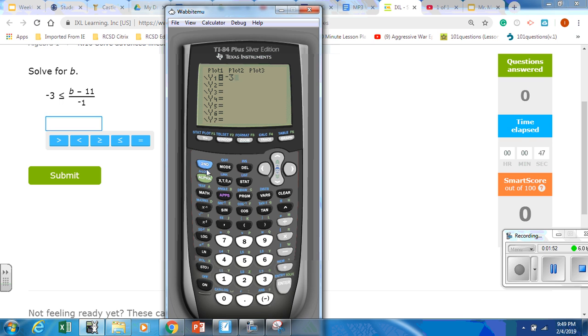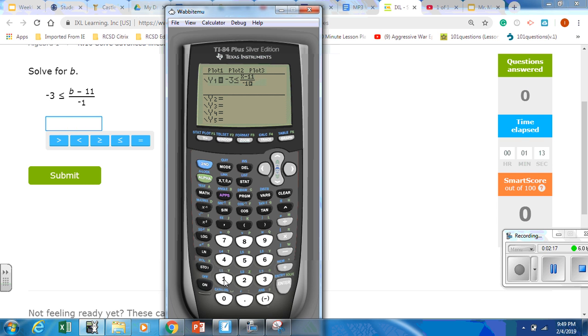Here's my second math. I'm going to go for the less than or equal to. That's a 6. I'm going to put my fraction in alpha y1, my numerator has my x minus 11, and in the denominator I have a -1.